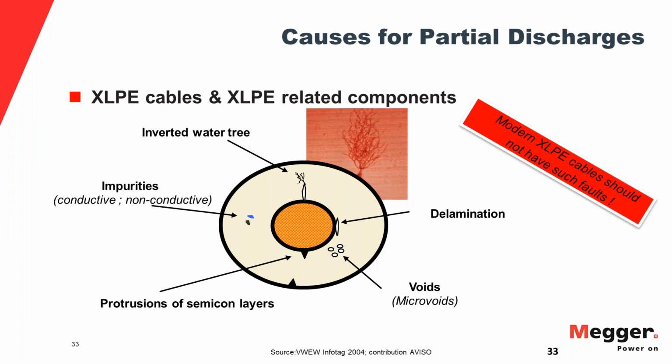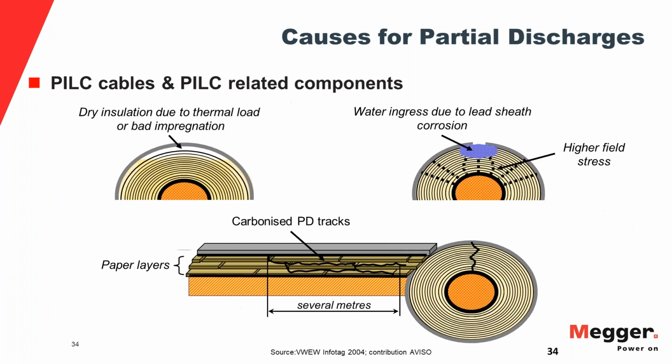Typically modern cables do not have this from the factory. So that should not really be a major concern anymore, to have these localized, isolated weak spots. It's more a question of terminations and splices, where you have the layered interfaces.